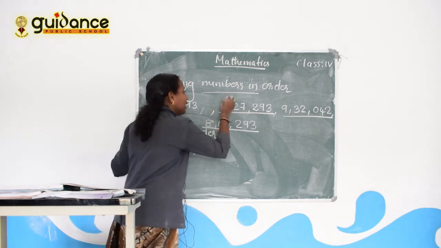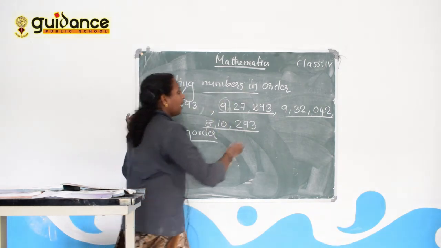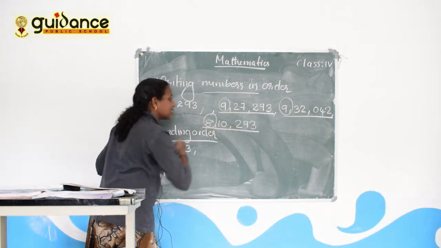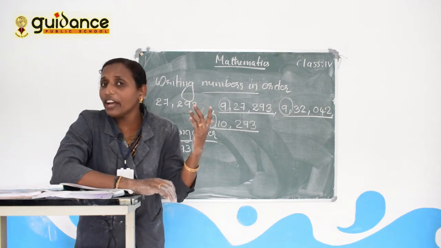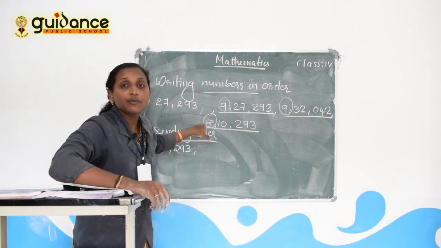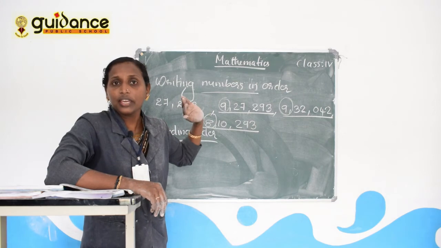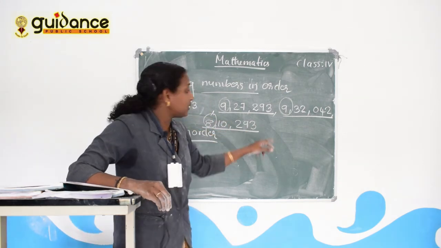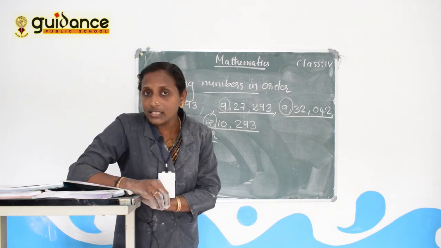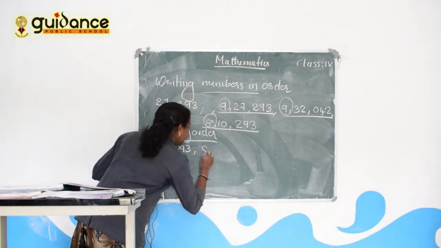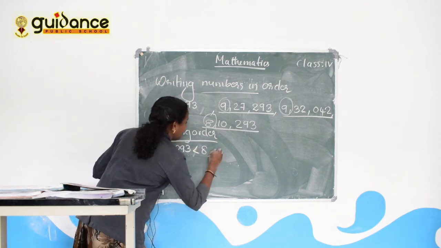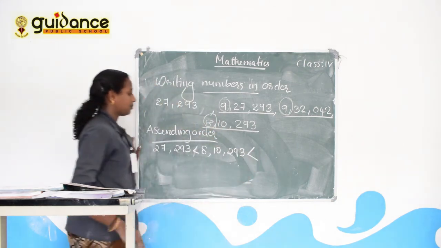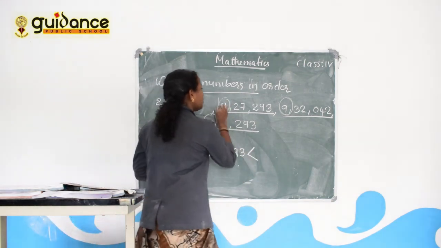Here it is 9, and in this number the extreme left is 9, and here the extreme left is 8. So we can easily find out 8 is the smallest number. That means 8,10,293 is the next smallest number. So write 8,10,293 is less than.